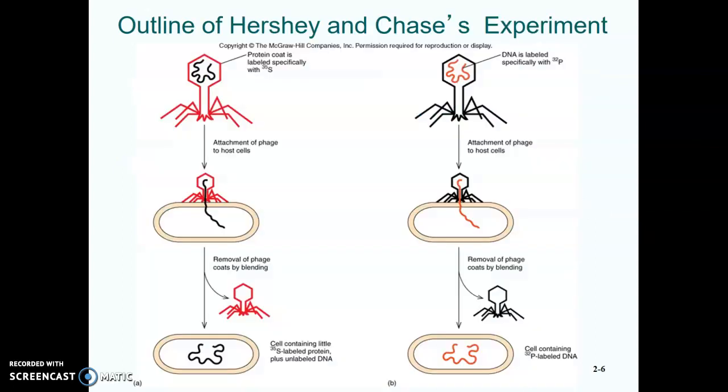So this shows you the Hershey and Chase experiment. These little alien structures are called bacteriophages, and they are viruses that infect bacteria.